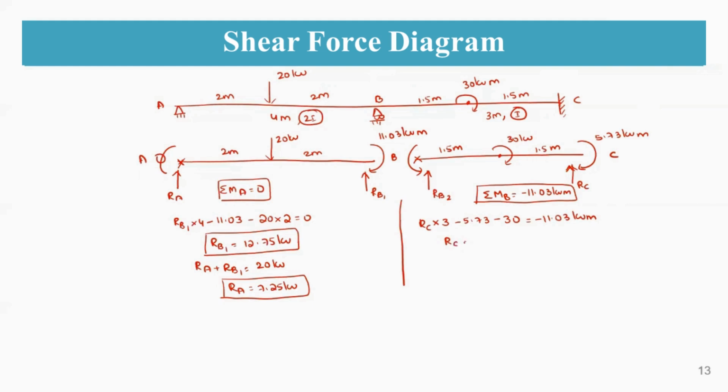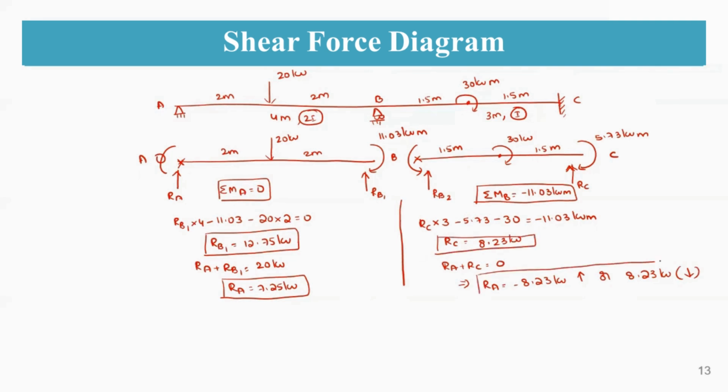So here RC will be equal to 8.23 kilonewton, whereas RB2 plus RC will be equal to 0 since there is no external loading. So this implies RB2 will be equal to minus 8.23 kilonewton, which is an upward reaction, or 8.23 kilonewton, which is a downward reaction.